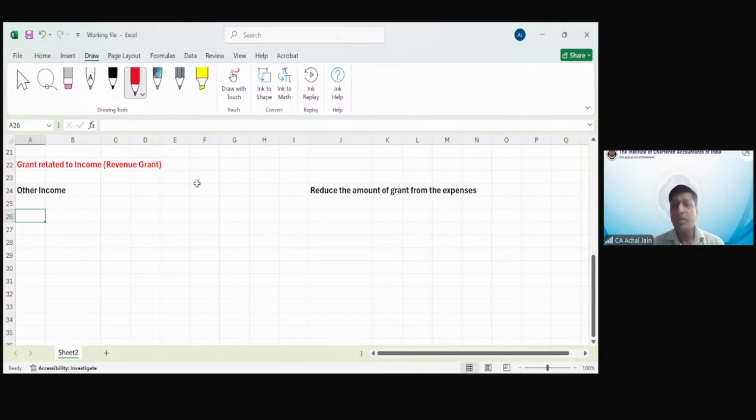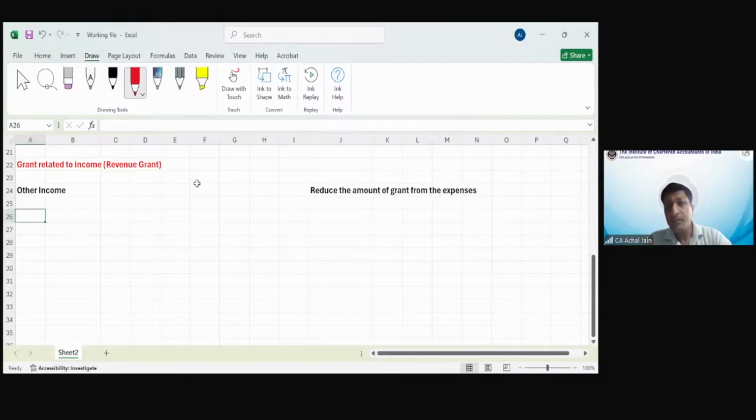Now, is it related to any asset? Answer is no. Is there any underlying asset involved here? No. So can you call it a grant related to asset? No. So what do you call it? Grant related to income or the revenue grant.